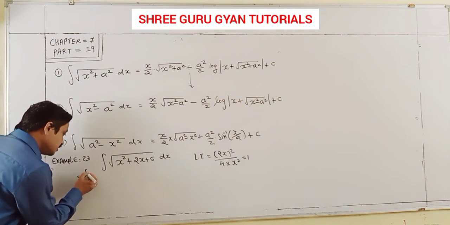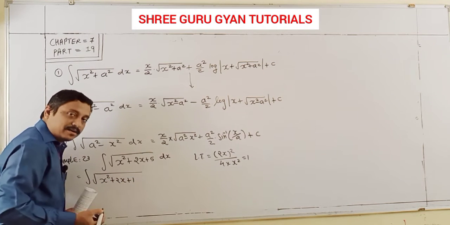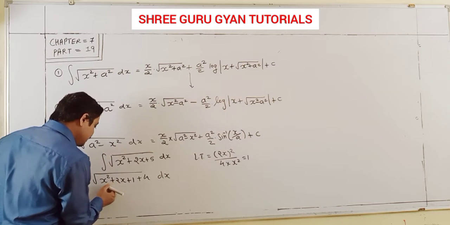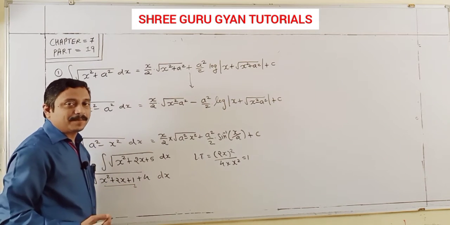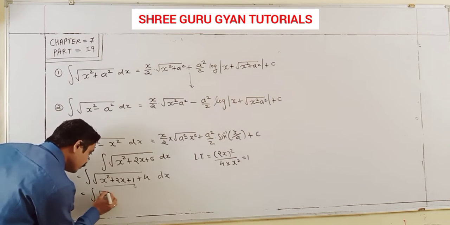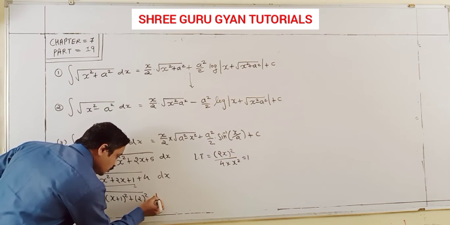So in place of the last term I write 1, but I want 5, so it is 4 extra. And these three terms are a perfect square trinomial. So my value is x plus 1 whole square plus 2 square dx.